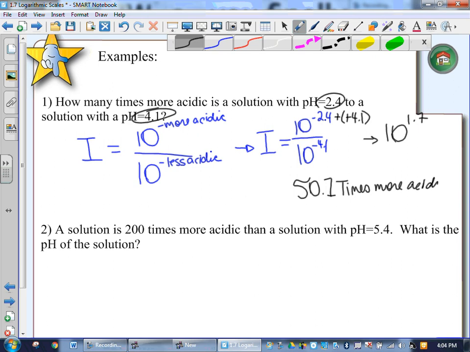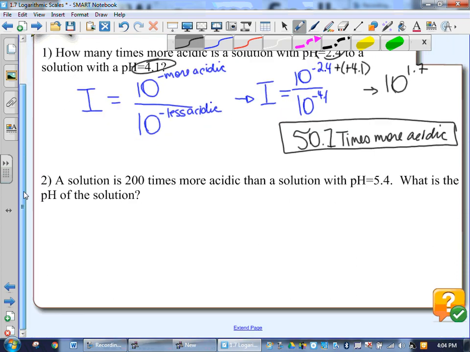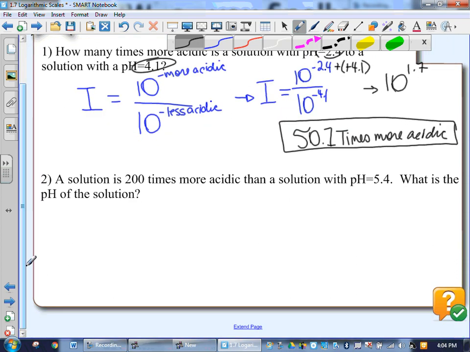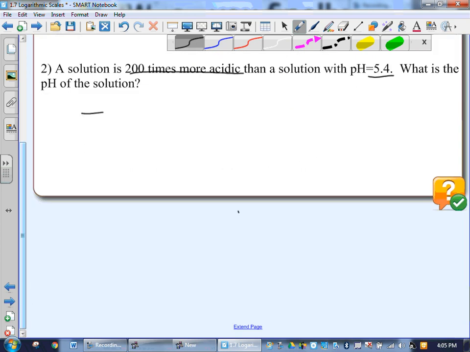And our very last question. A solution is 200 times more acidic than a solution with a pH of 5.4. What is the pH of that solution? I'm not sure if you noticed, but I write my formula every time. It is 200 times more acidic.